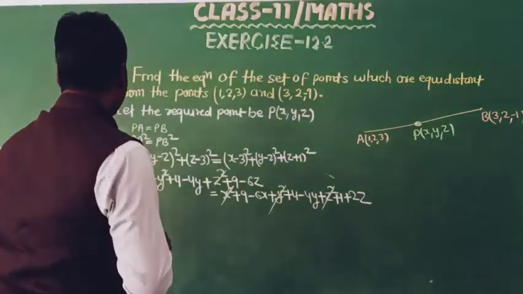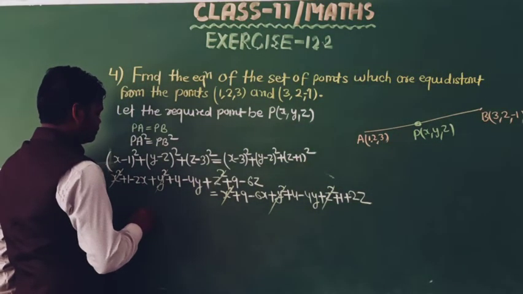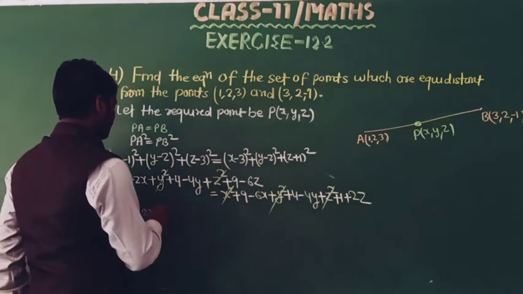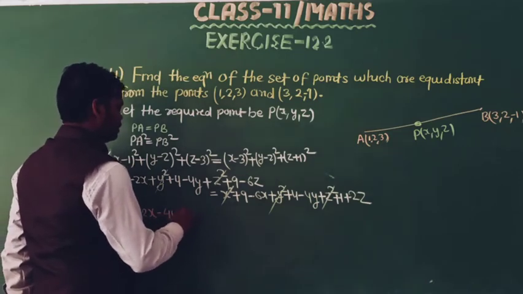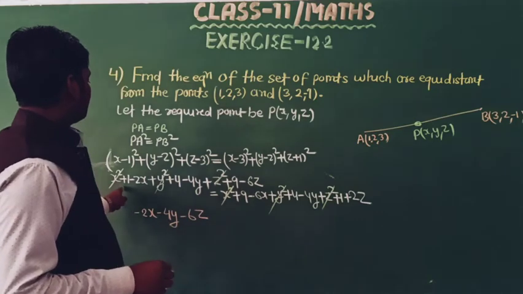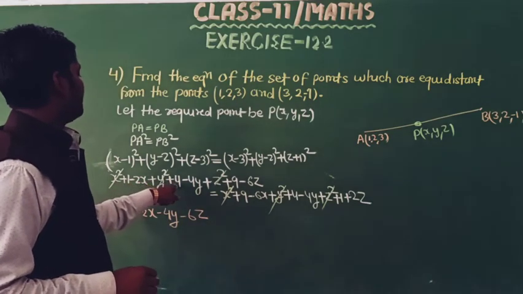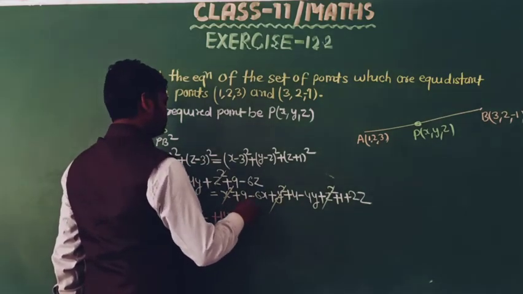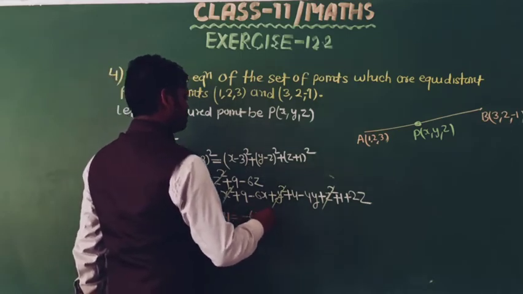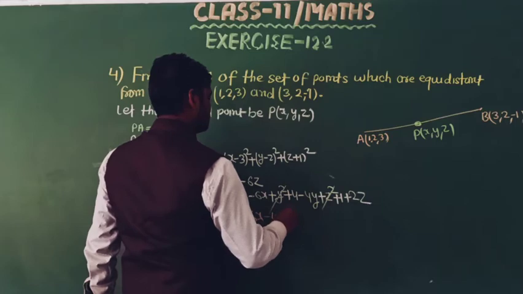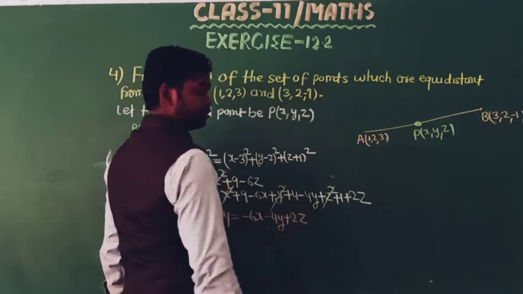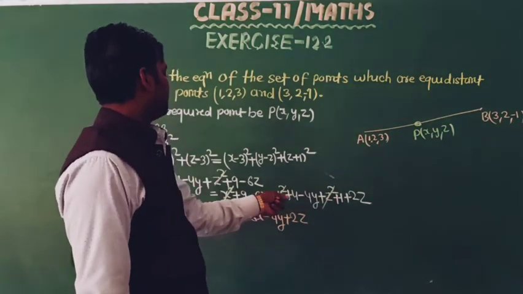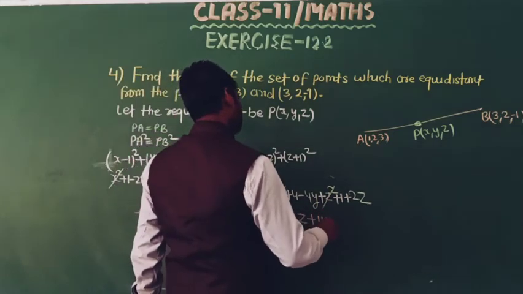Remaining we are left with minus 2x minus 4y minus 6z plus 1 plus 4 plus 9, that is 14, equal to minus 6x minus 4y plus 2z plus 9 plus 1 plus 4, that is 14.